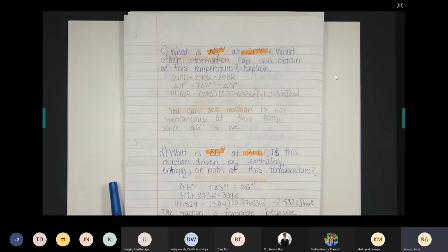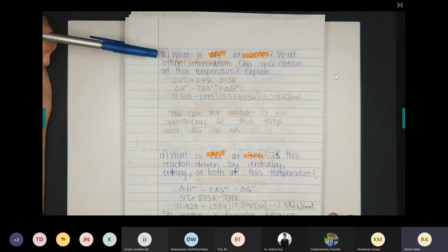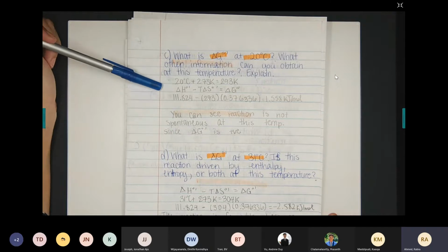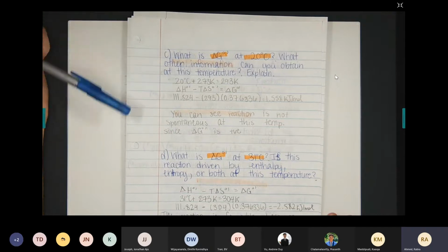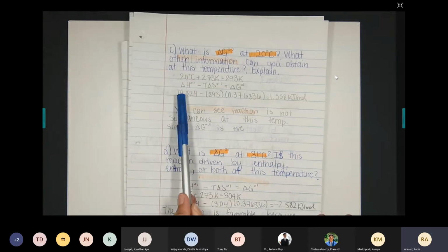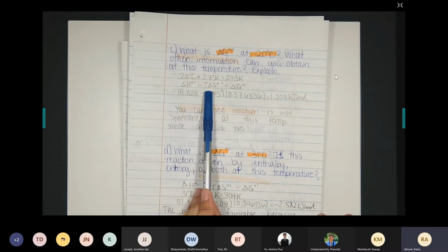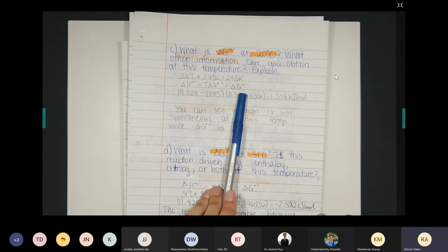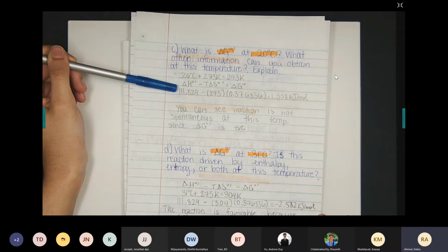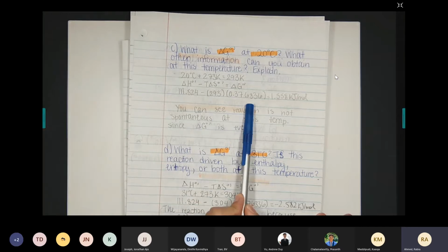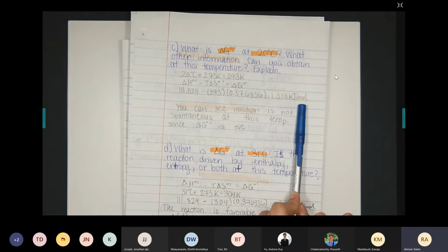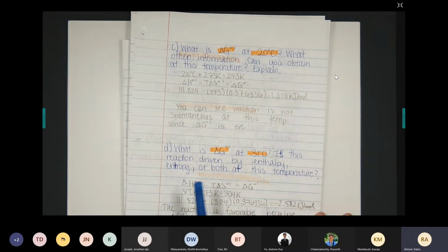And then for 5C, what is change of G at 20 degrees Celsius? What other information can you obtain at this temperature? Explain. So 20 degrees Celsius plus 273, we have to convert the 20 degrees into kelvins, which is 293 K. And so it's going to be change of H minus T change of S equals change of G. So you do 111.824, which we got from 5B, minus 293 times 0.376336, which we got from 5B also, and it equals 1.558 kilojoules per mole.